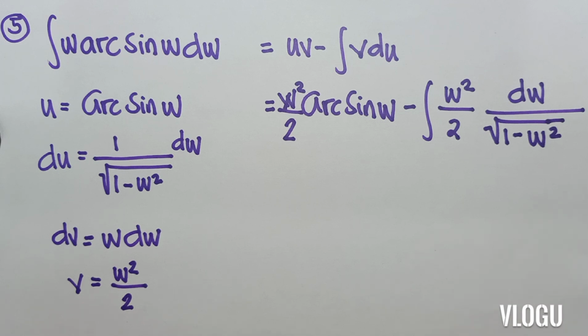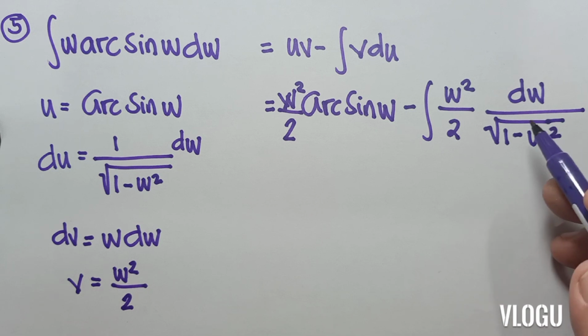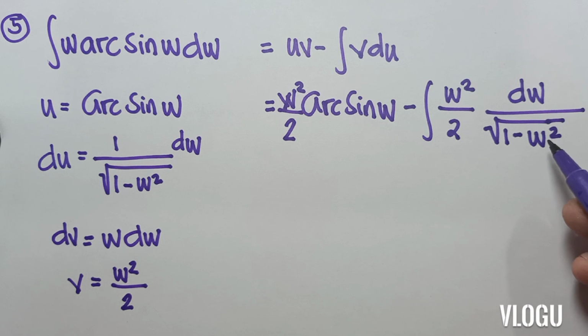So, this form, w squared over the square root of 1 minus w squared, is a form of what we have discussed on trigonometric substitution. Okay, we will solve this one by trigonometric substitution.